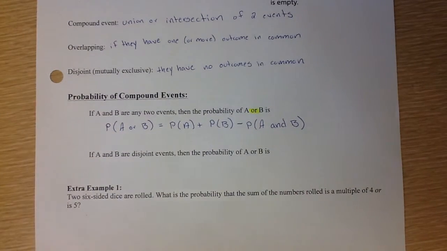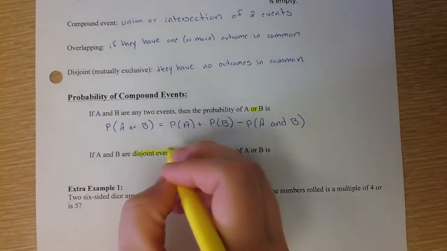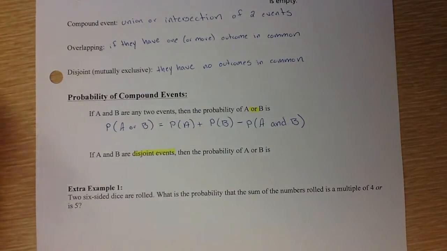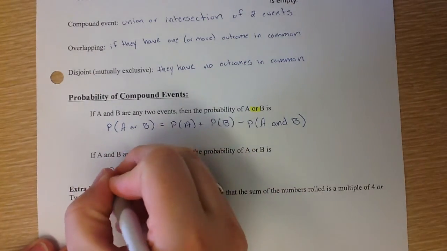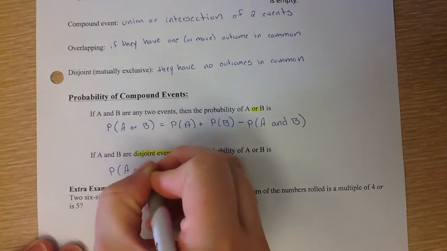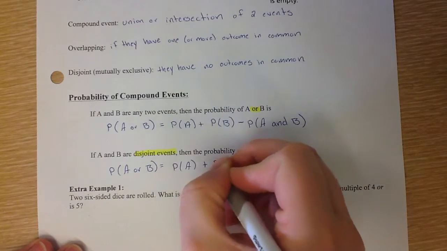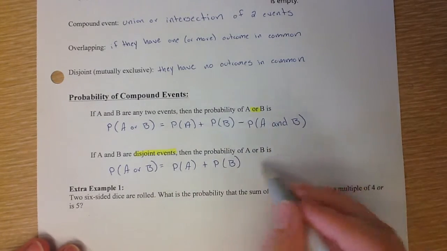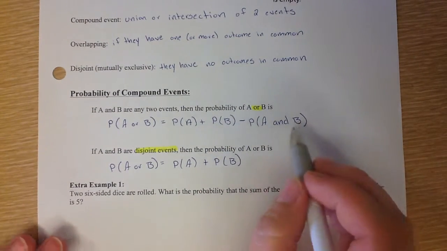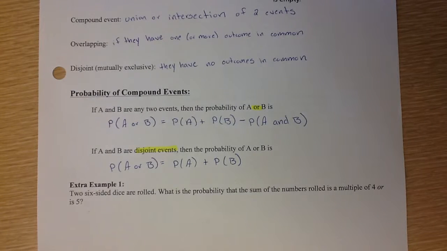But if A and B are disjoint events, so if you start with knowing they're disjoint, then the probability of A or B just equals the probability of A plus the probability of B. I don't need to subtract off the stuff they have in common because they have none in common.